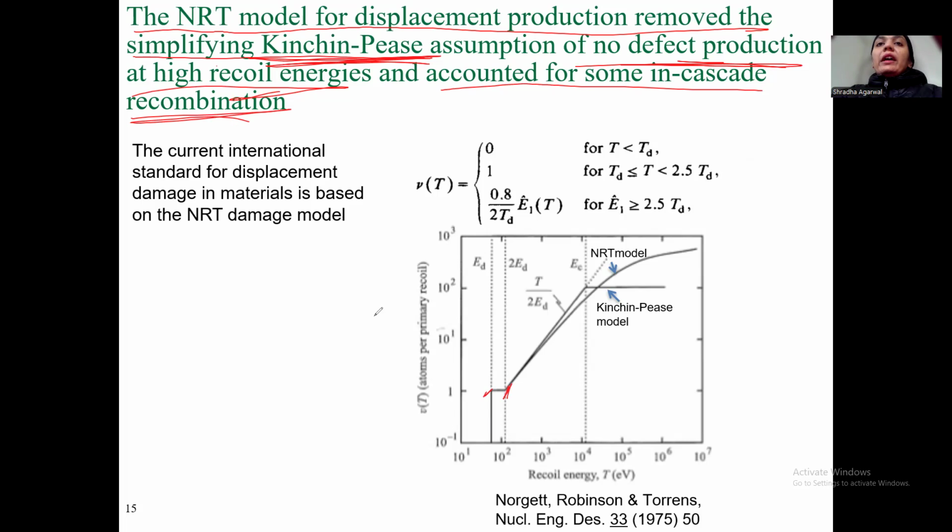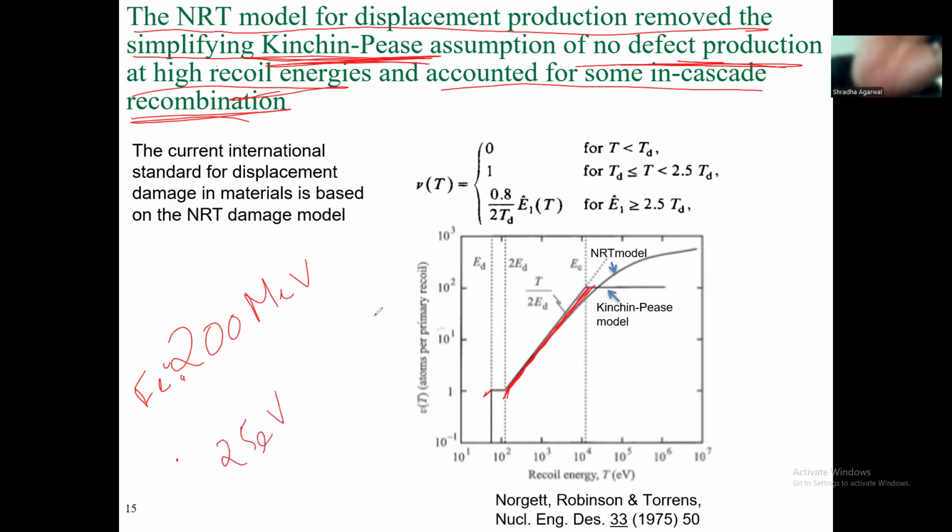And then I told you everything starts becoming linear. That means what is happening here is, if I give you 200 MeV of energy of ion and your displacement energy is 25 eV, then your number of displacements, this is your displacement energy, right? Td. And this is your incident energy.